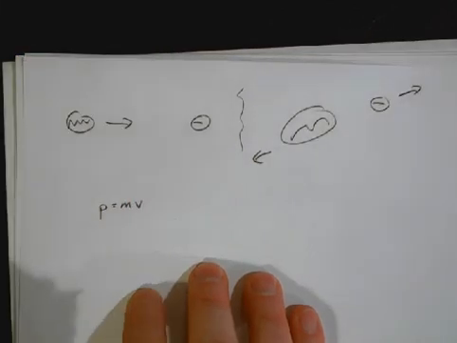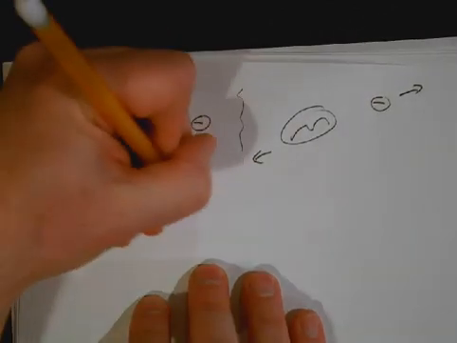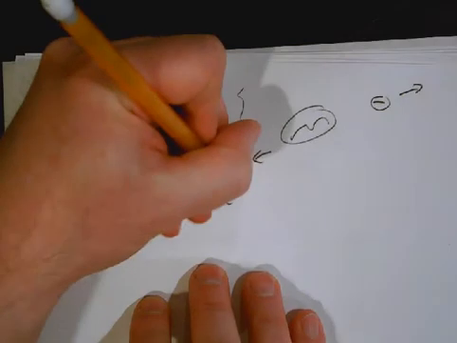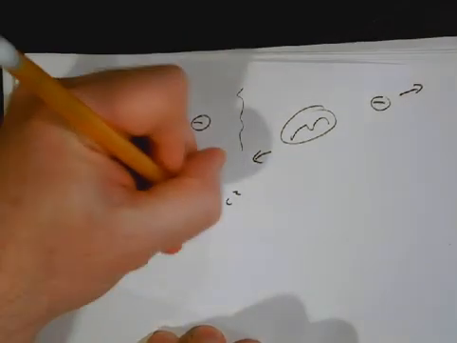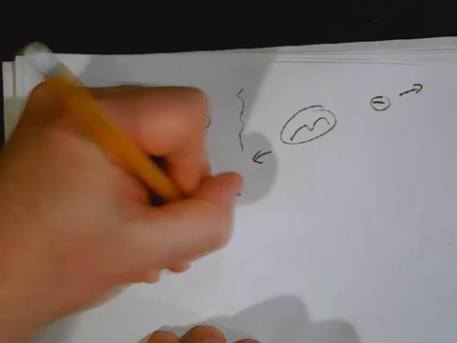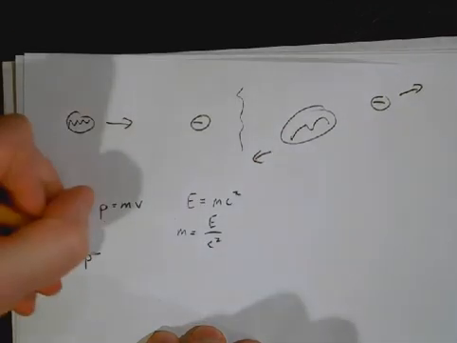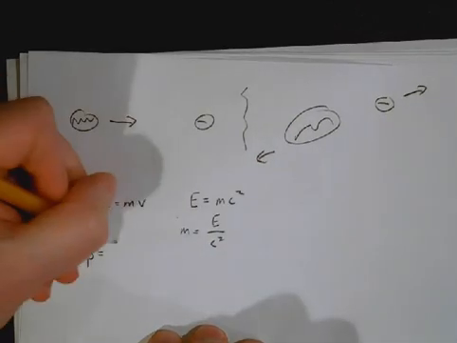Compton did this. If you think momentum is m times v, and E equals mc squared, well, that means m equals E over c squared.